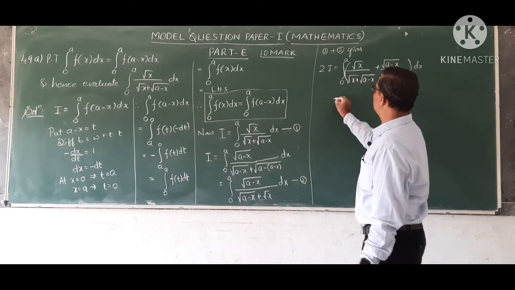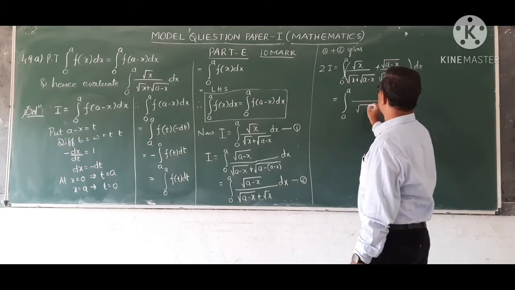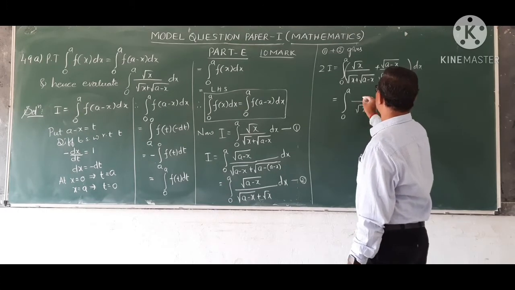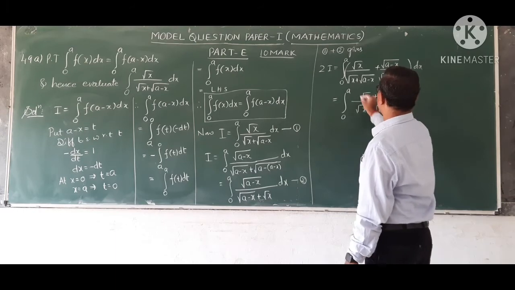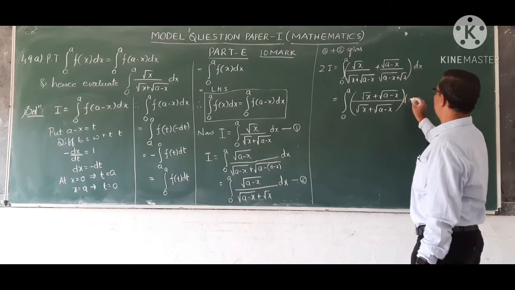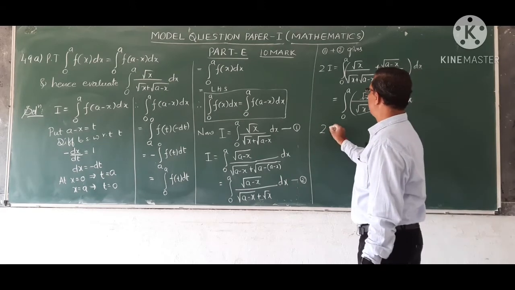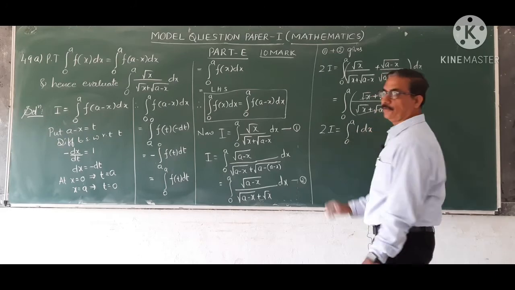Take the LCM, LCM is root x plus root of a minus x. In the numerator, the same term root x plus root of a minus x. Both the terms are the same and get cancelled, so 2I is equal to integral 0 to a 1 with respect to x.